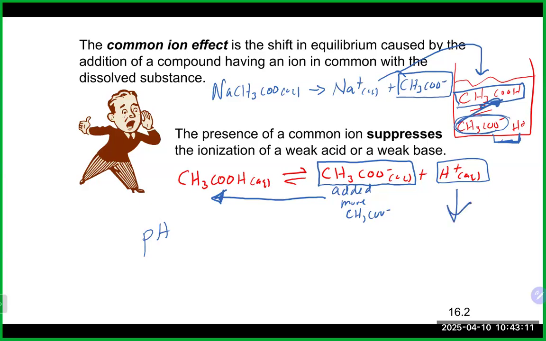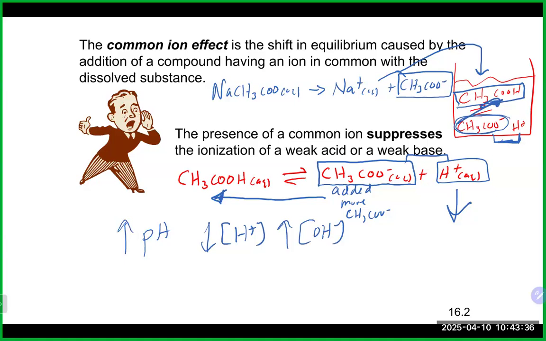That's because the reverse reaction is happening. In order to make that reverse reaction happen, you need both of those guys to come together. So we would actually start to see a decrease in the concentration of H plus because of the common ion. That means, because H plus and OH minus are tied to each other, we would see an increase in the hydroxide concentration. And that means that our pH would actually go up.